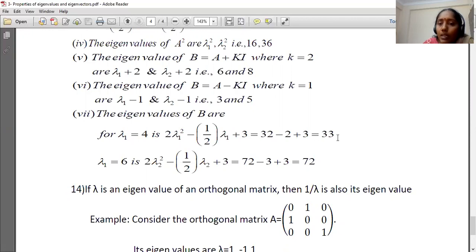Just simplifying, you will get 33. For lambda equal to 6, just substitute 6 in place of A here. That is 2 into 6 square minus 1 by 2 into 6 plus 3, which is 72. 33 and 72 are the eigenvalues of the matrix B, which is defined in terms of A.